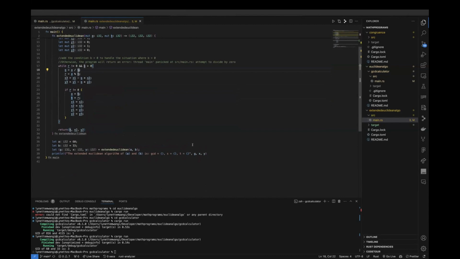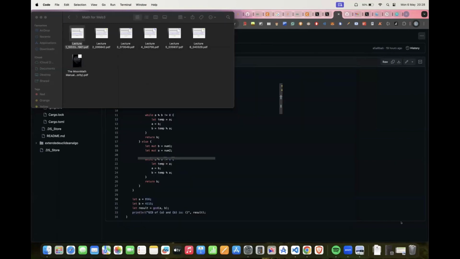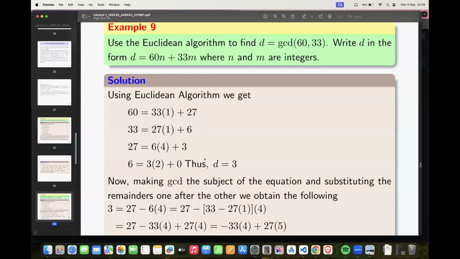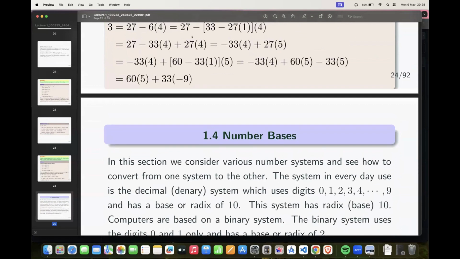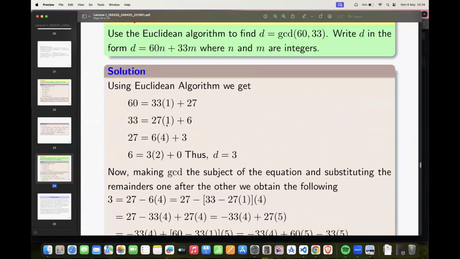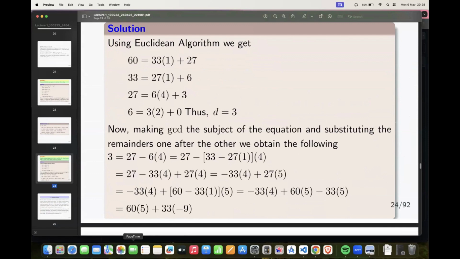Here I also tested with 60 and 33. In our notes, our X is 5 and our Y is -9.